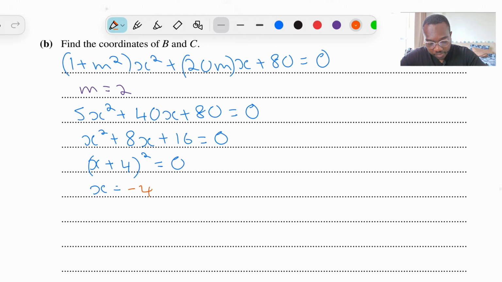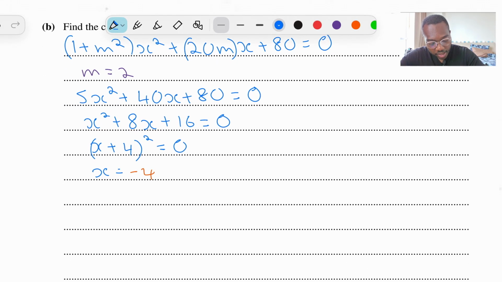Now for the second bit, if we want to work out the y, one of the equations we could use is the circle one, which is x squared plus y squared equals 20. That one's pretty difficult. But remember, we also had that y equals mx plus 10, so we're going to use that one because we know what m is now. In this case, m is a positive 2, so y equals 2x plus 10.